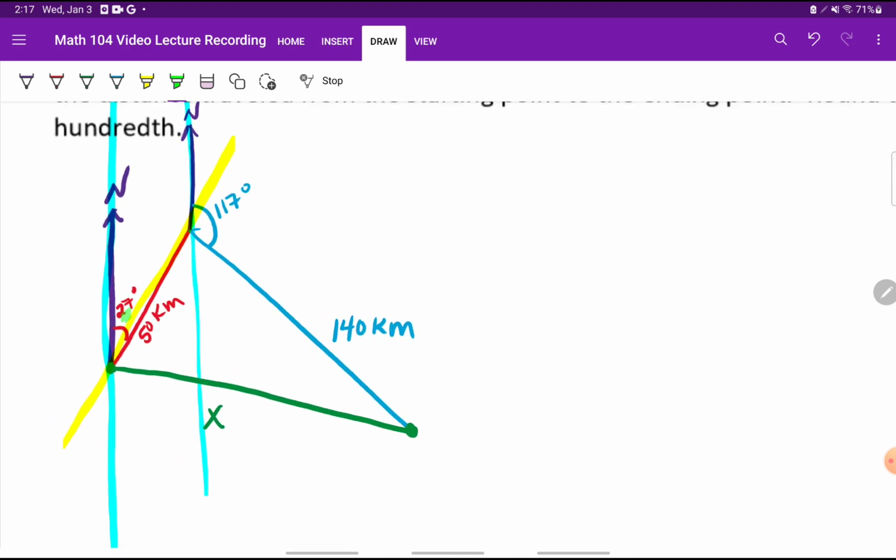So that means that this angle here, 27 degrees, is the same as that angle there. So we can get a portion of that angle across from the X. It's going to be 27 degrees.